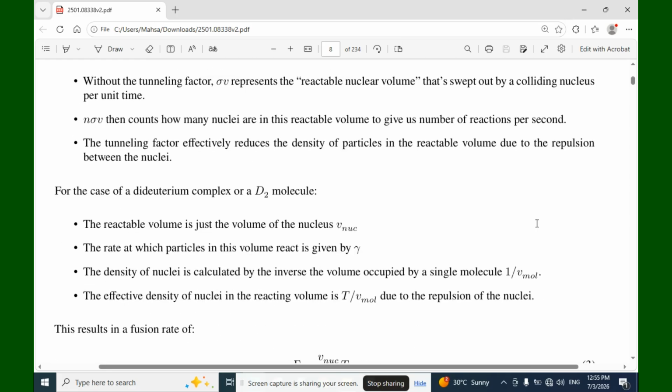The tunneling factor effectively reduces the density of particles in a reactable volume due to the repulsion between the nuclei.